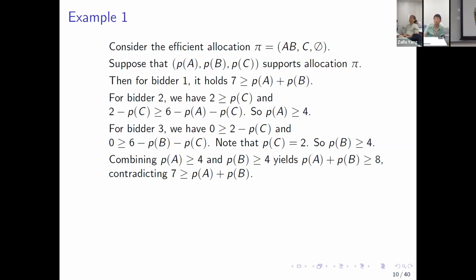Then from here, we immediately know that the price of B should be no less than 4. Combine this one and this one together, then the value should be no less than 8, which contradicts this equality. So this shows that indeed there's no standard variation equilibrium when all goods are complementary to each other.